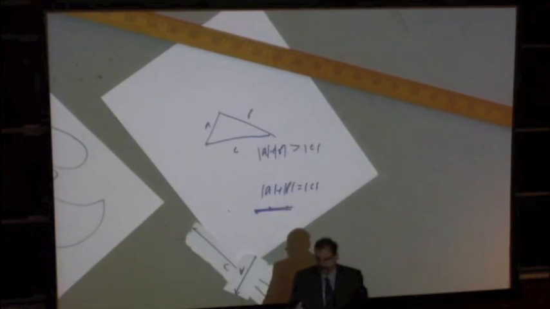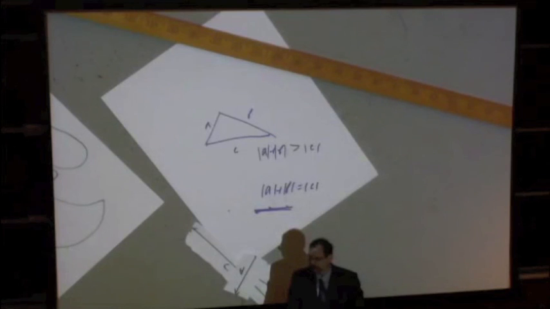And if A plus B is less than the magnitude of C, that's it. It's impossible to form a triangle.